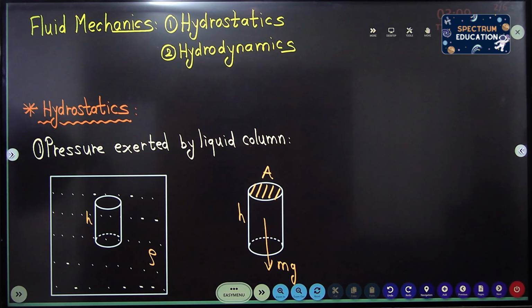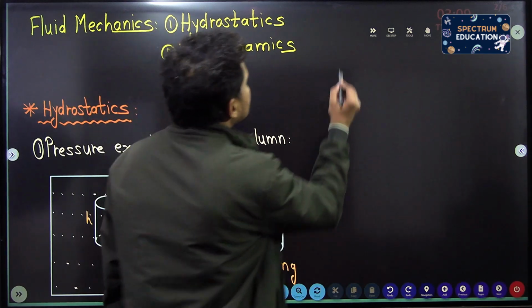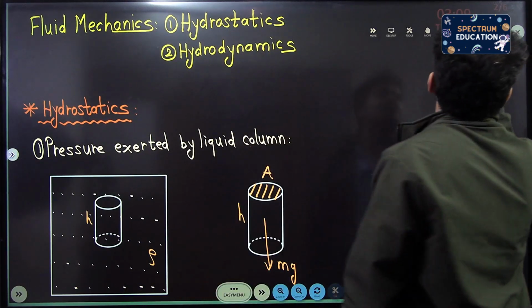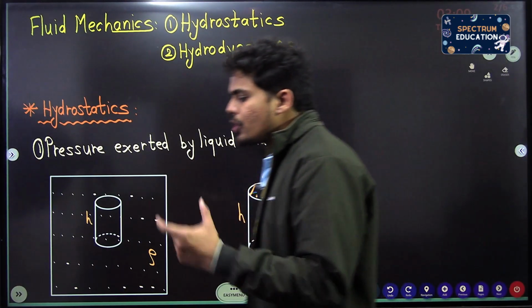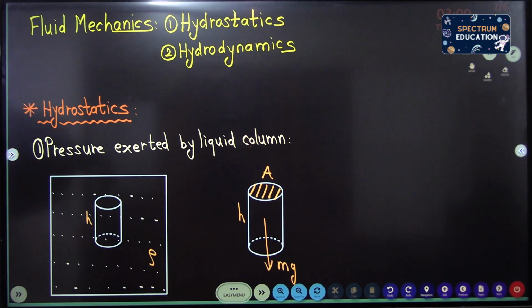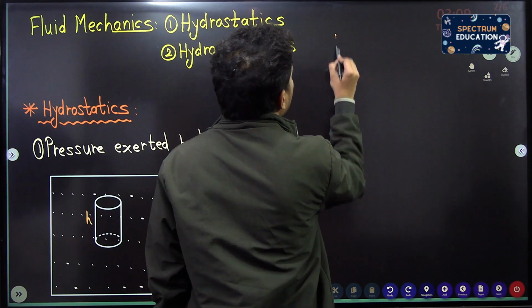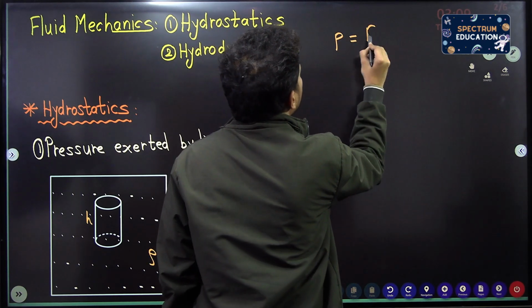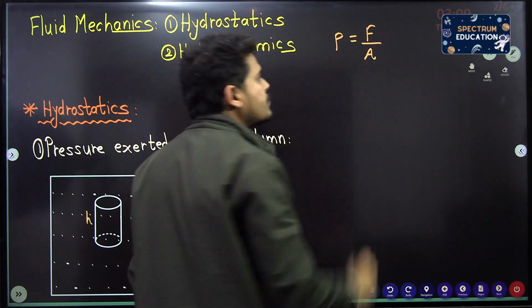Now, do you know the relationship between force and pressure? Pressure is nothing but force per unit area. So P equals force per unit area.